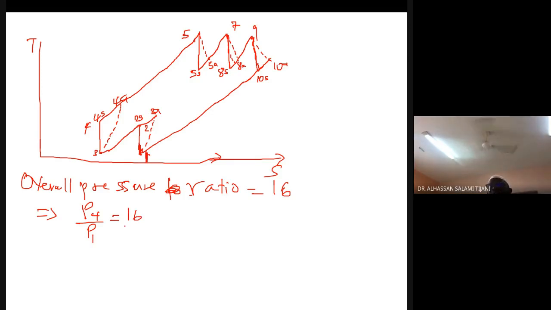You understand? So P4 divided by P1 equals 16.